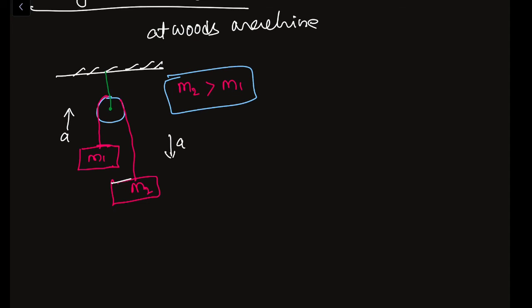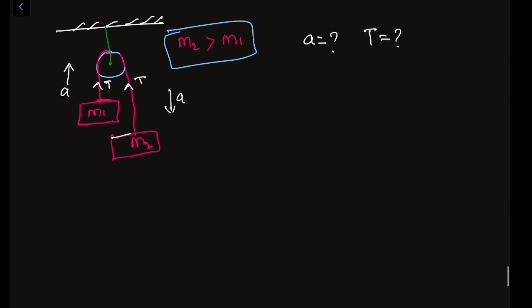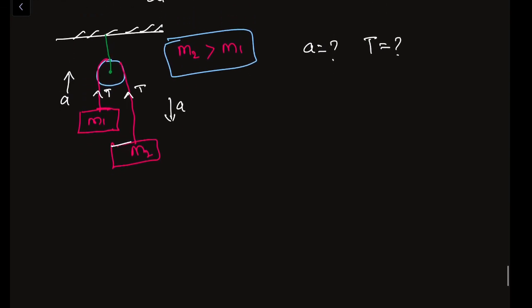Got it, children? In this case we have to find the acceleration and the tension T in the string. See here how we can find it. Here we have to take two different bodies, M1.